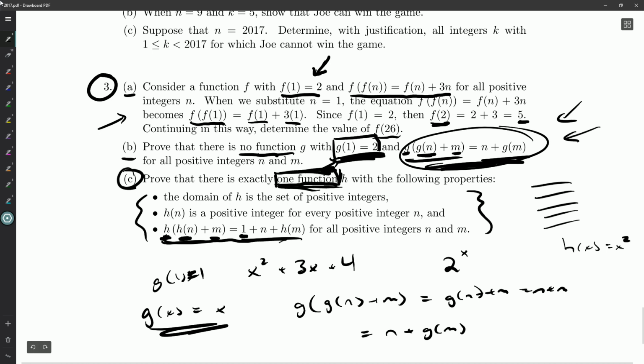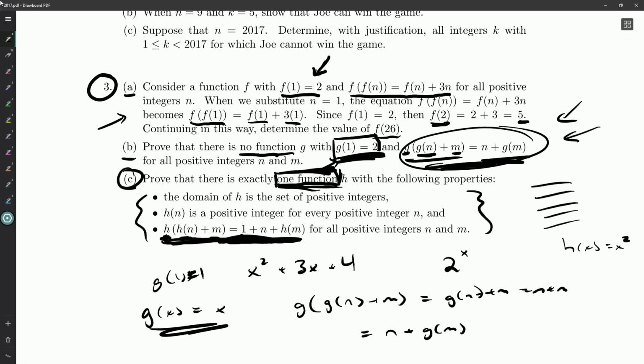Usually it's something simple like h of x is equal to x or something like that. And knowing that that's the only solution, you can take a look at it, draw inspiration from it, and try and use the properties that function has and the properties that you are given to sort of eliminate everything else.